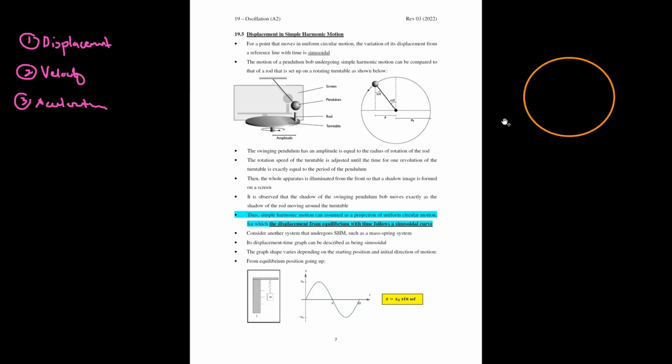If I tell you I have a circle, like the one being shown on your screen right now, and this one being the center of my circle, and I have some sort of reference line here.